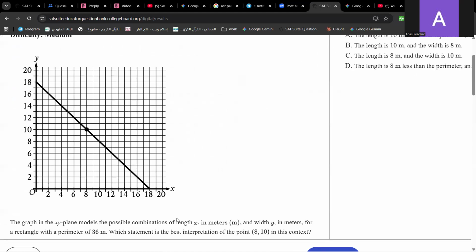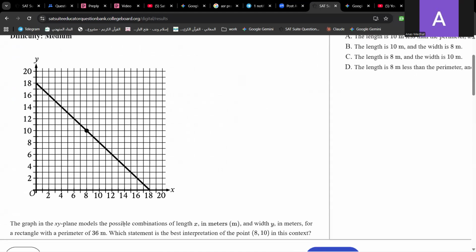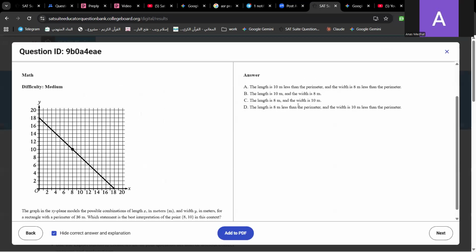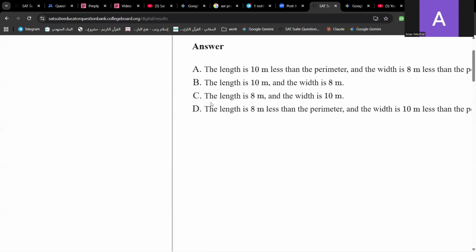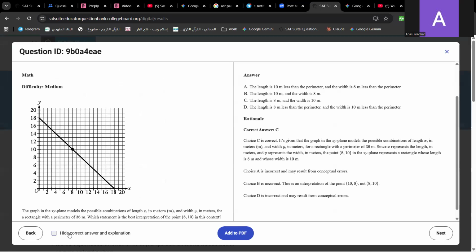So x is the length and y is the width. So if the length is 8, the width is 10. If the length is 8, the width is 10. So the answer is C.